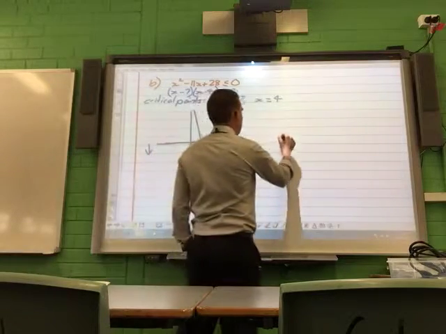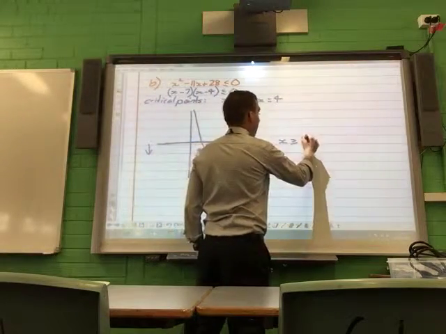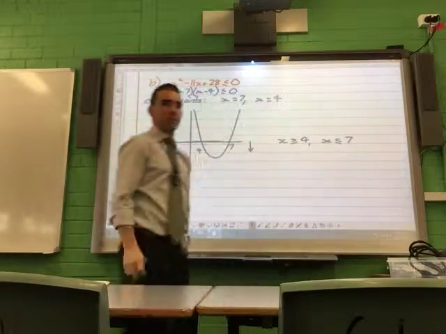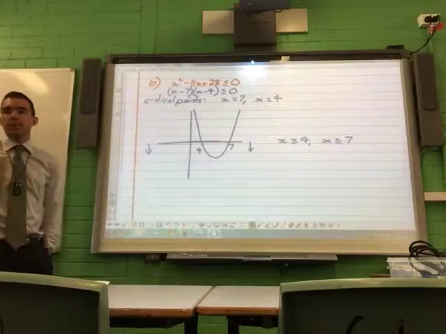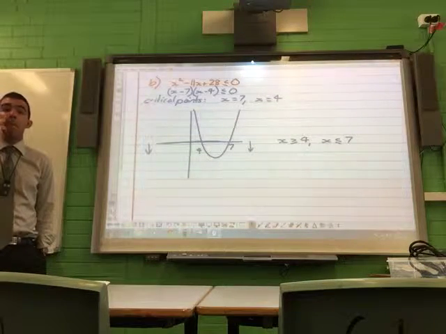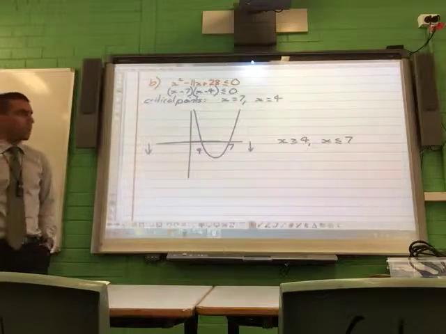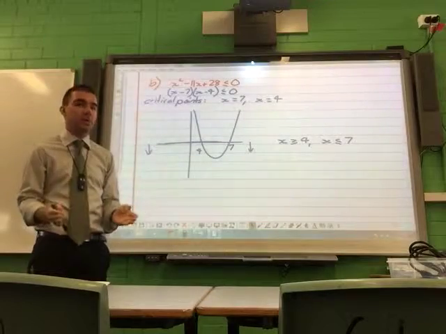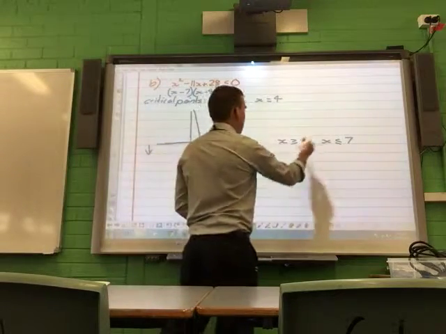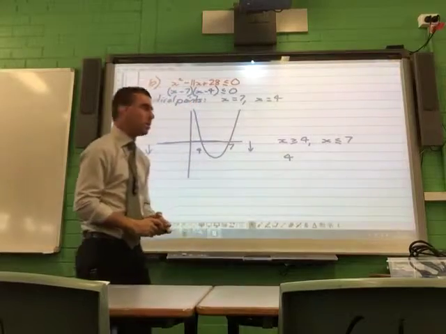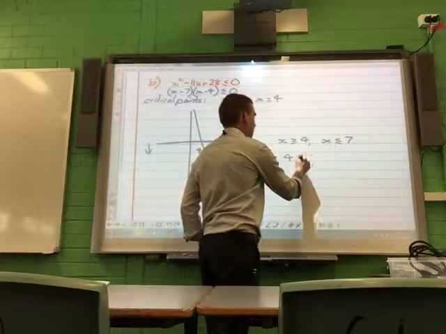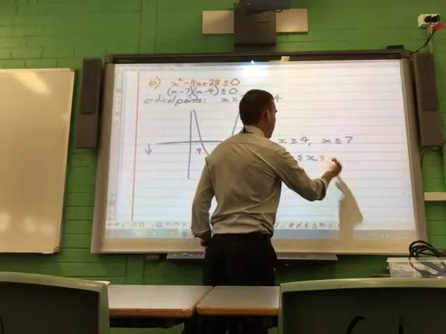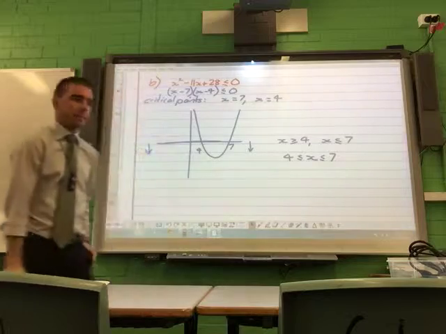So we know that x is greater than or equal to 4 and x is less than or equal to 7. This is not your final solution. Because there are two endpoints and everything in between is a valid solution, we write it like this: 4 is less than or equal to x, which is less than or equal to 7.